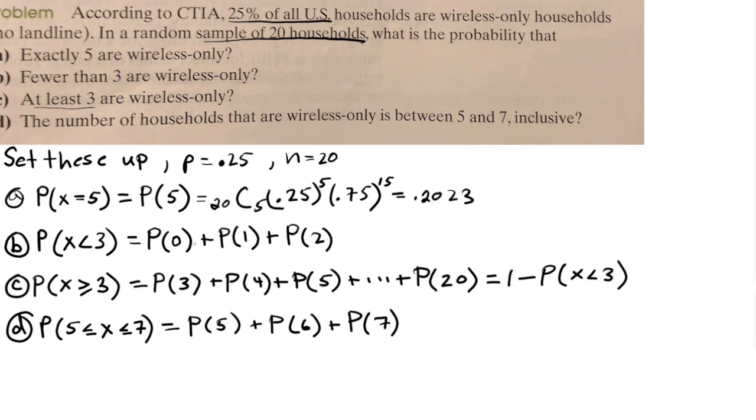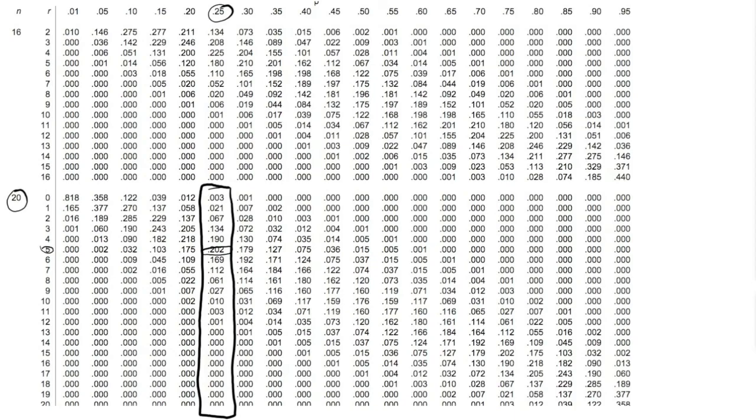So now if I want to do any of these other ones here where I'm adding up a bunch, all I have to do is come over to my table and say, well, if I want less than 3, all right, what am I going to do? I'm going to look at less than 3. So I would be adding up 0, 1, and 2.